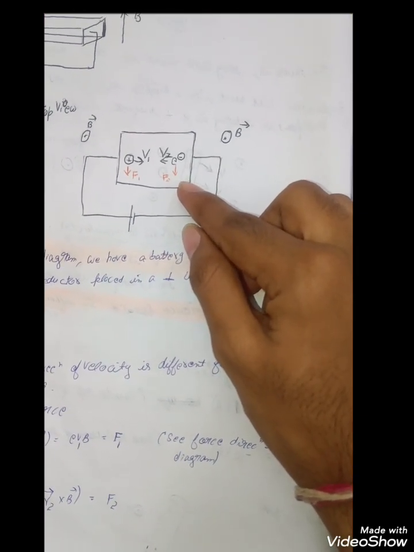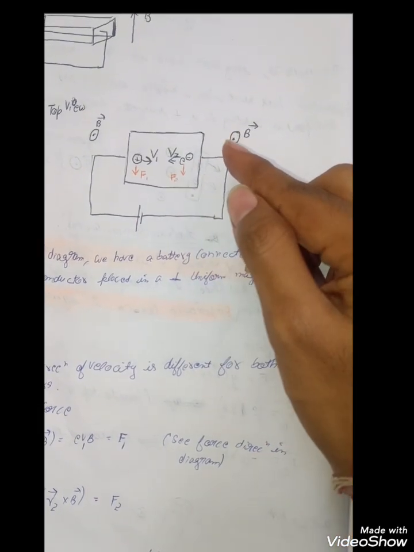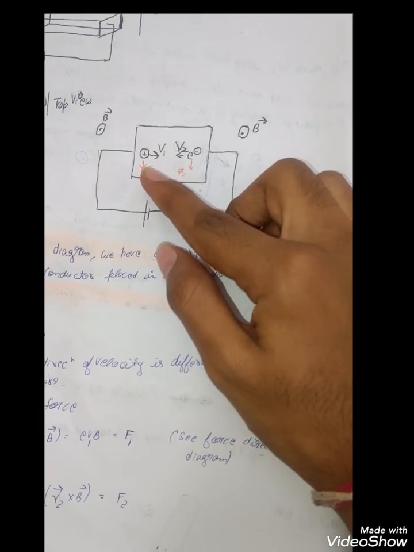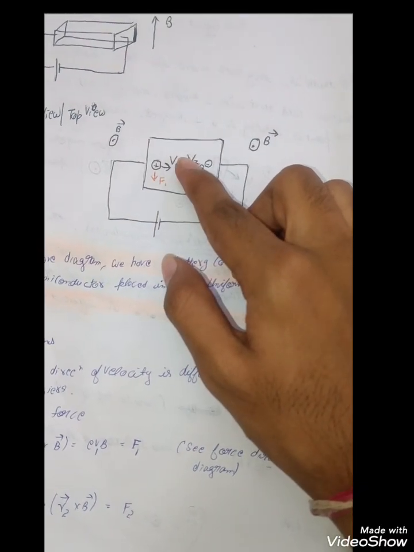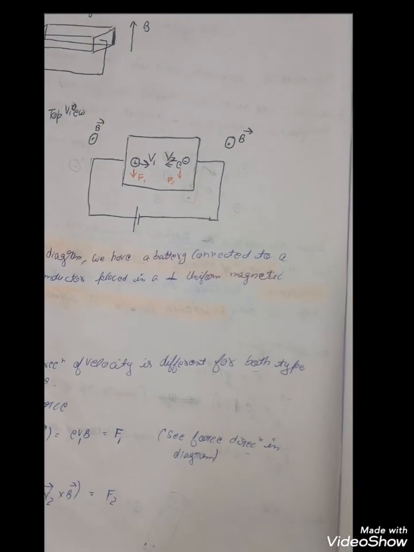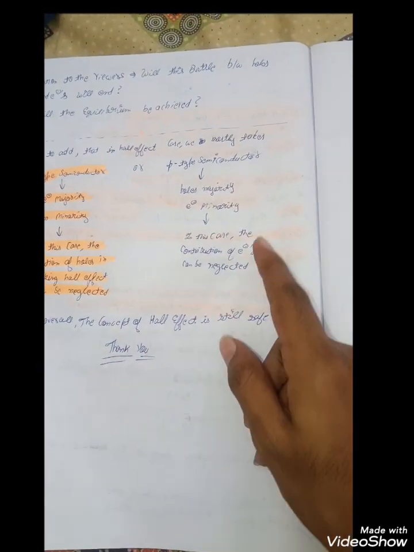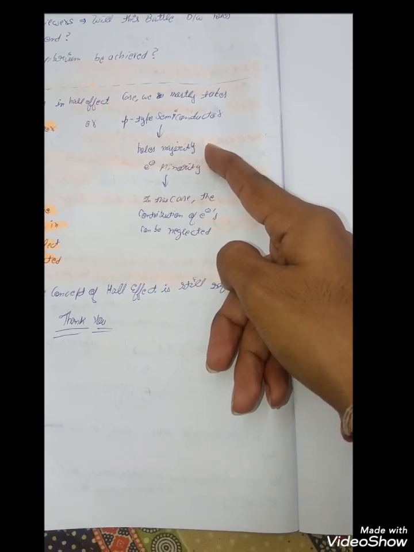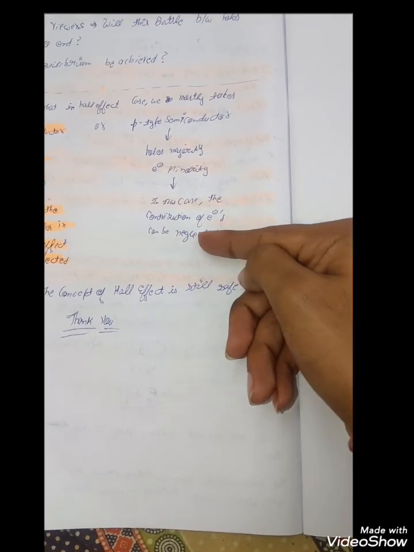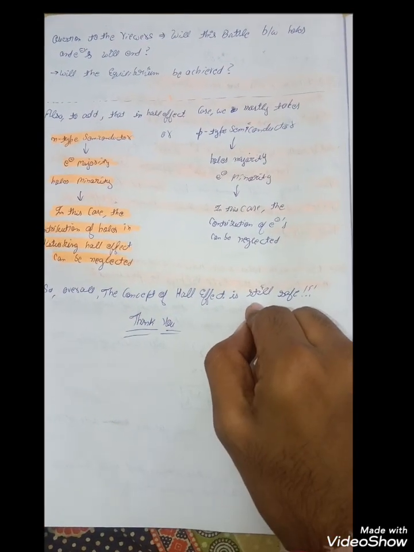This is how the Hall effect has been explained for n-type and p-type. In n-type they just neglect the effect of the hole, and in p-type the holes are in majority, so we neglect the contribution of electrons. So overall the concept of the Hall effect is still safe.